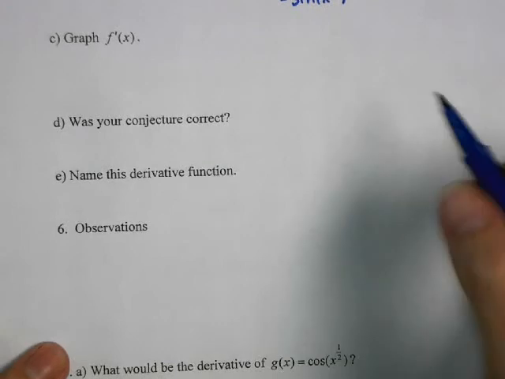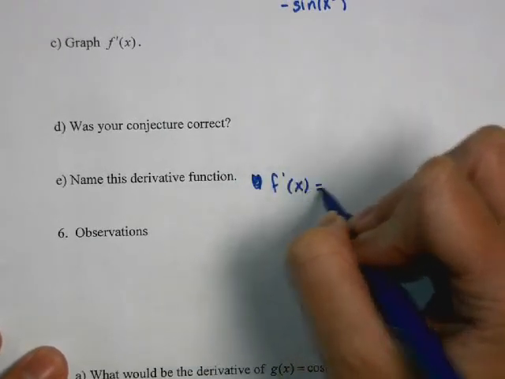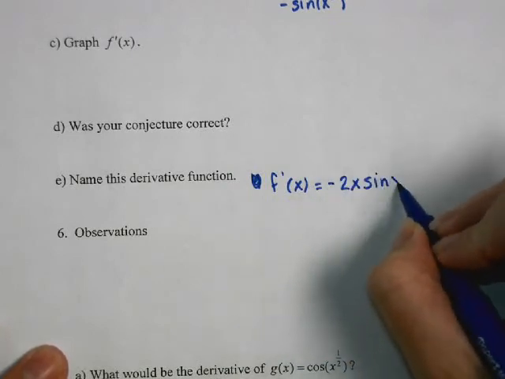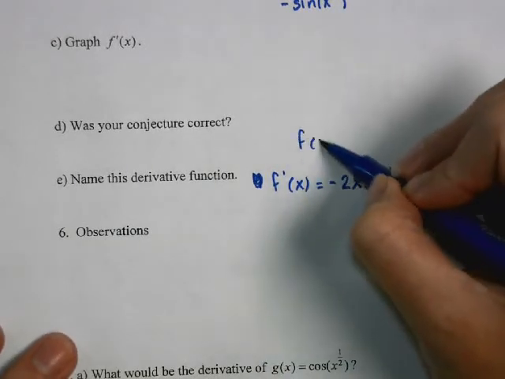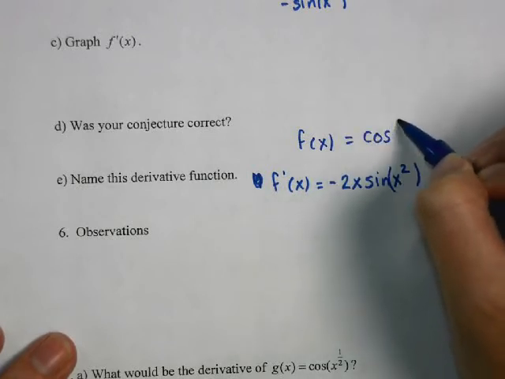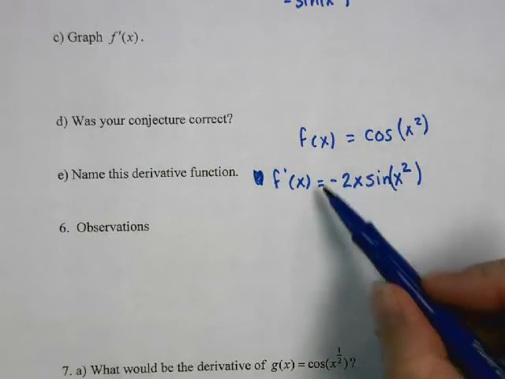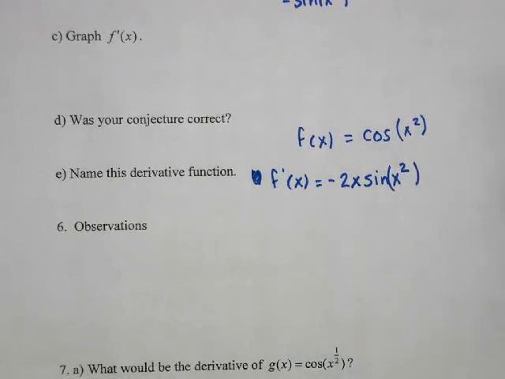So the actual derivative, f prime of x, is equal to negative 2x sine of x squared. My f of x was cosine x squared. The derivative of cosine is negative sine. The x squared just stayed on the inside, so where did this 2x come from? Well, the 2x is the derivative of the inside.